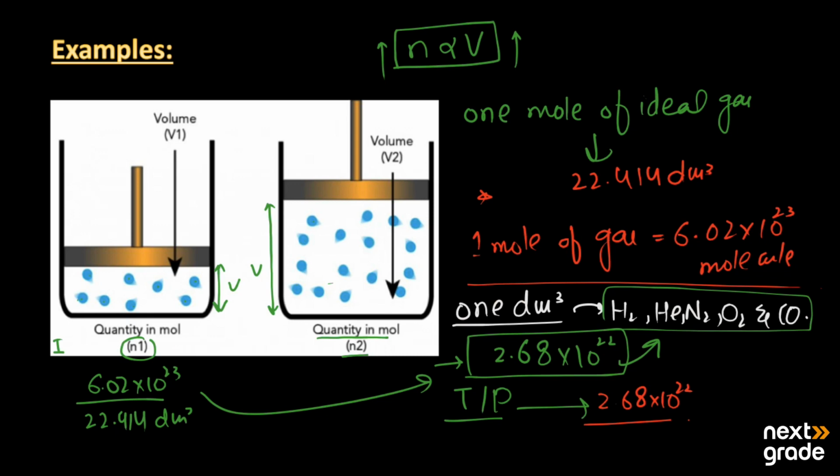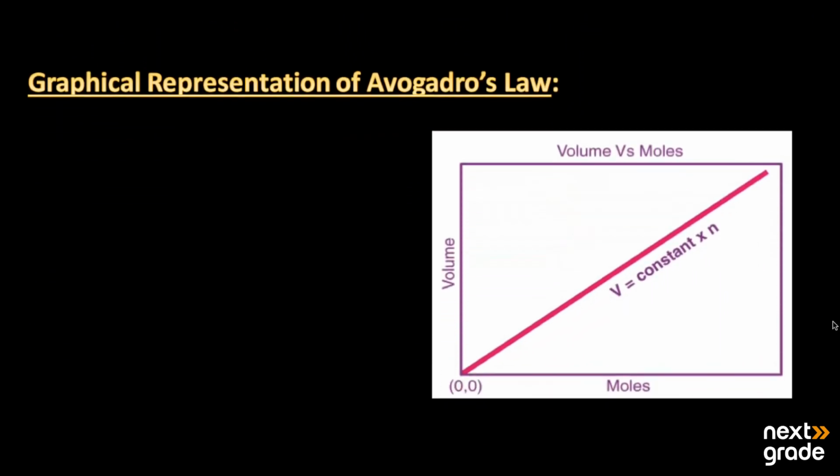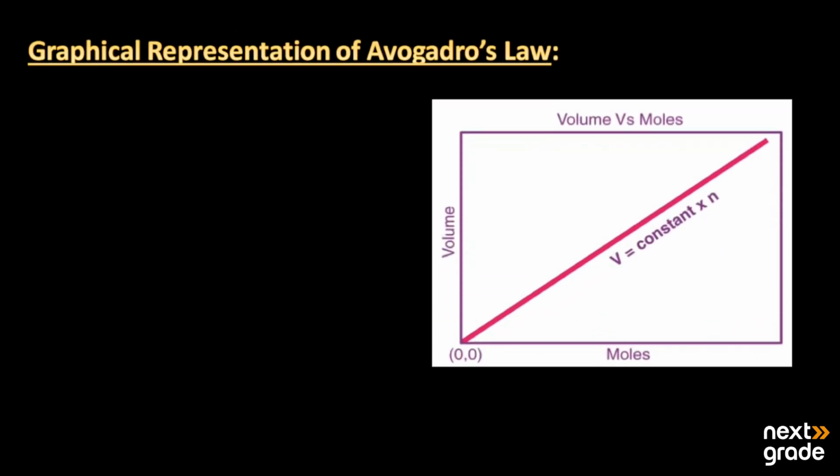When we increase the number of moles, the molecules of the gases also increase. Next, we have the graphical representation for the number of moles of the gases. We take moles along the x-axis and the volume along the y-axis, and we gain a straight line.